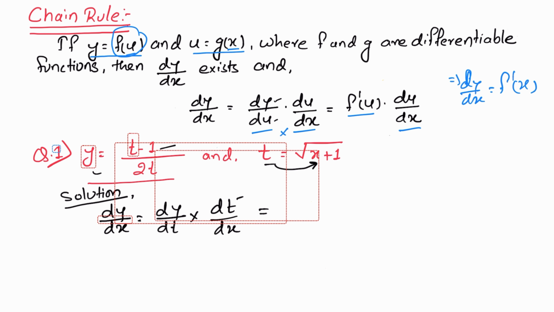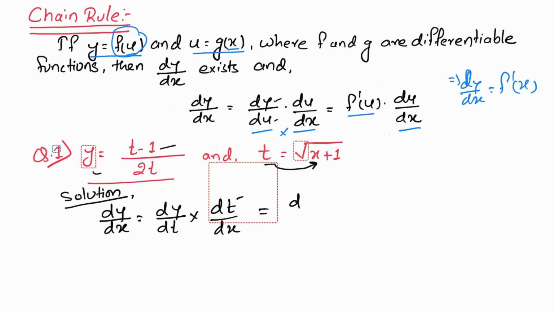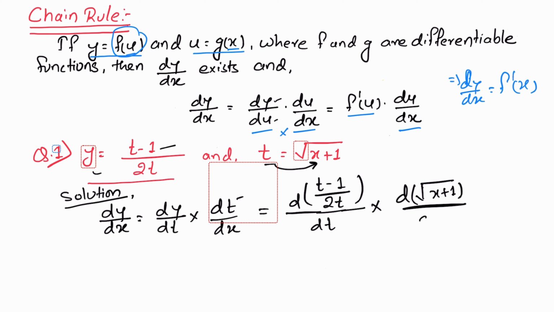Now let's move further. We will have dy upon dt, which means in place of y we have t minus 1 by 2t, times dt upon dx, where in place of t we will write root under x plus 1.